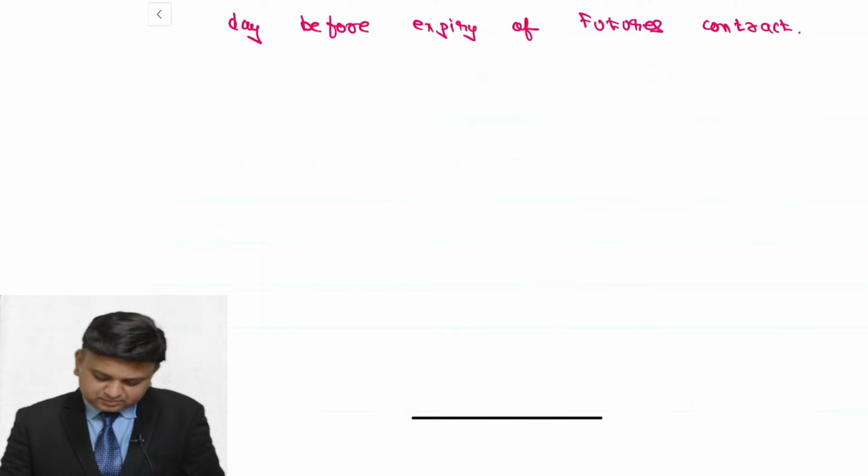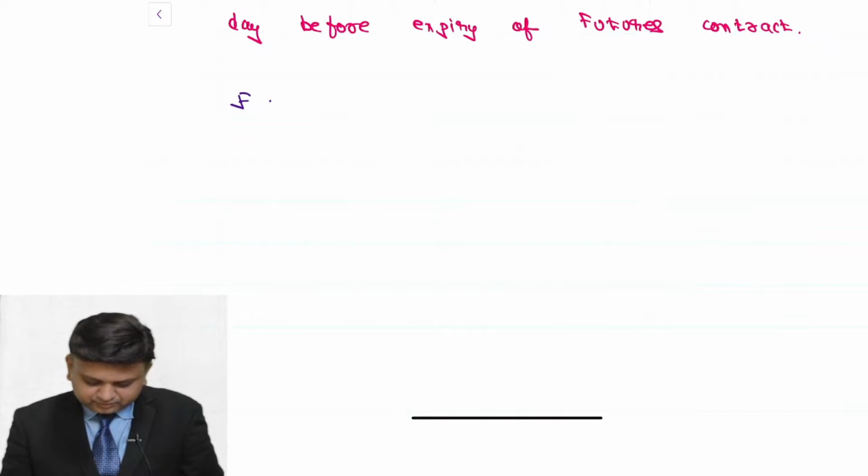So F is equal to spot plus interest minus dividend.